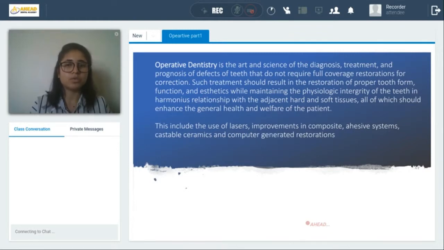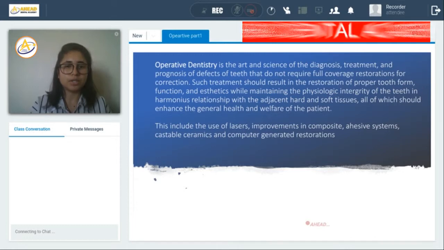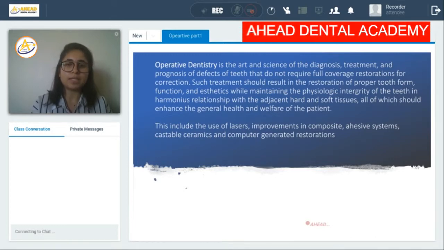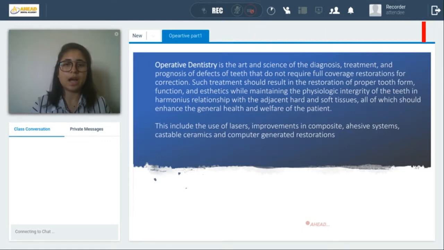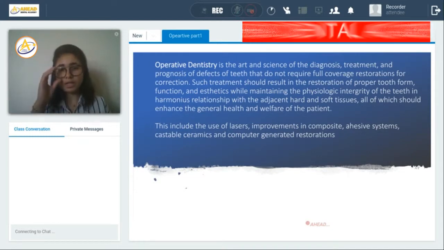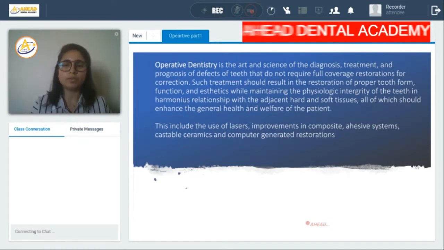So such treatment should result in the restoration of proper tooth form, function, and aesthetics while maintaining the physiologic integrity of the teeth in harmonious relationship with the adjacent hard and soft tissues, all of which should enhance the general health and welfare of the patient.